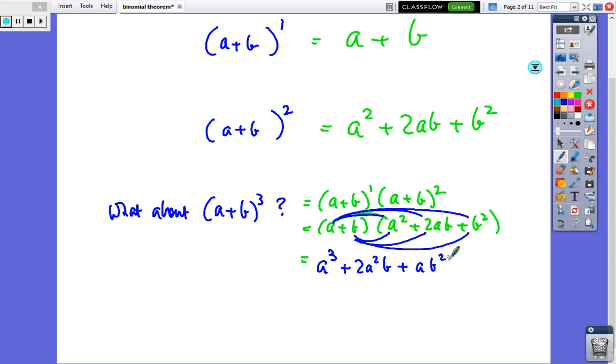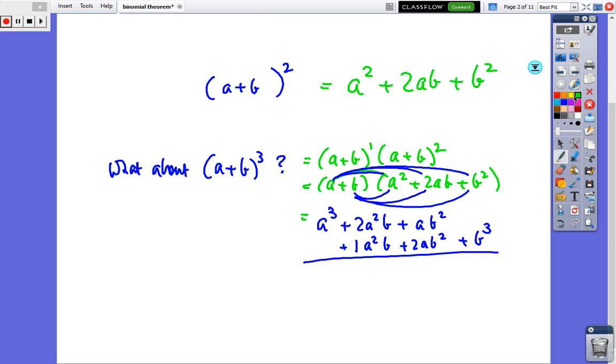And then underneath, I'm going to line them up so they line up with like terms: plus 1a squared b plus 2ab squared, and then the final term is just b cubed. So you should have got that. It's just expanding out a bit slower, but you would have got that answer. When you're ready, come to the next slide.